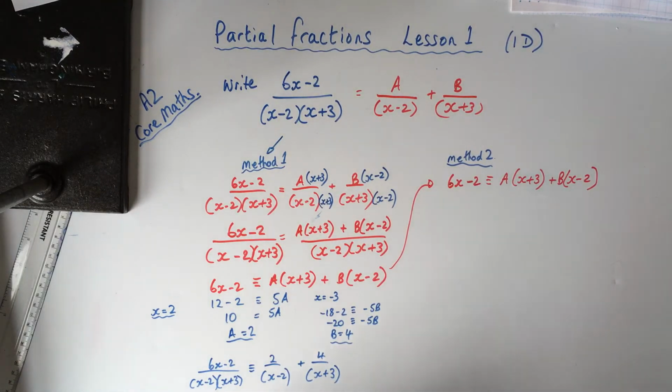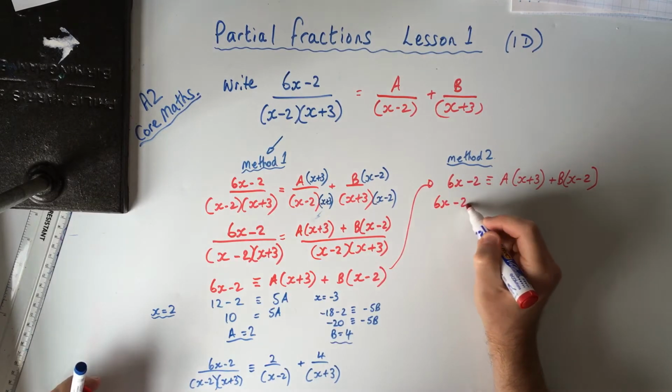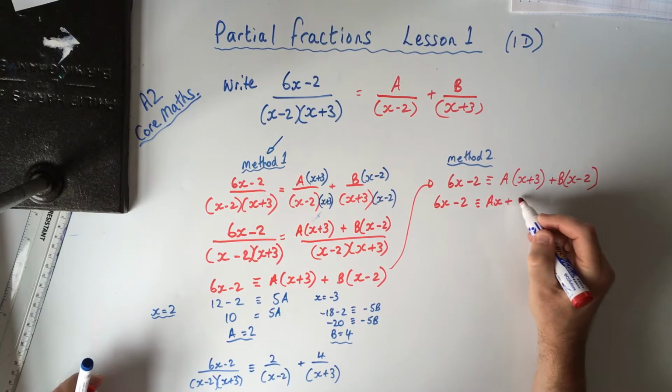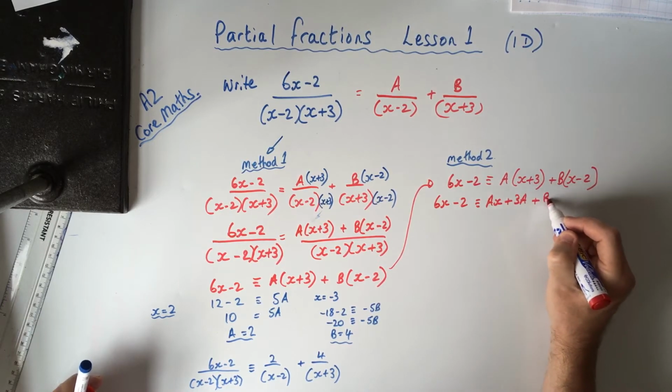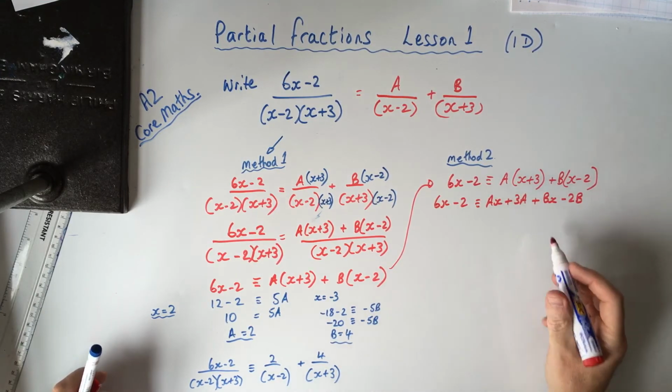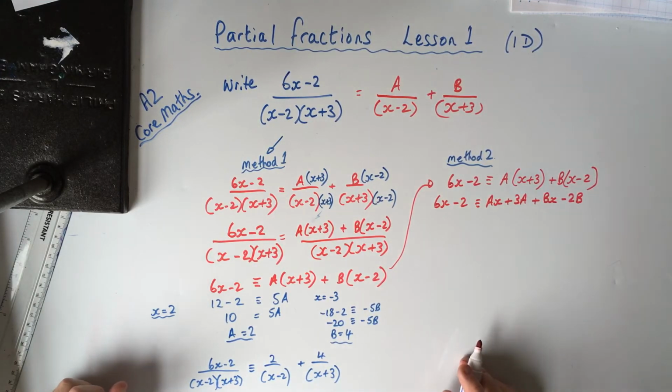What you would do with this one then is go 6x minus 2 is equivalent to ax plus 3a plus bx minus 2b. So I've multiplied out the brackets.